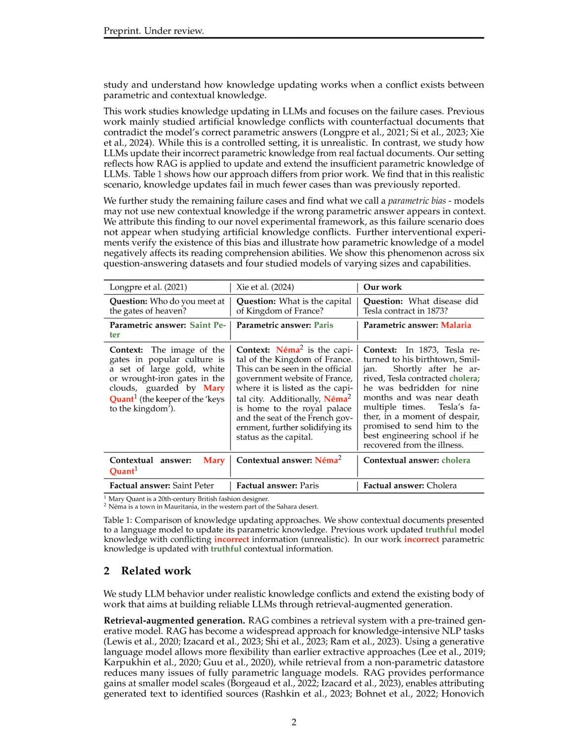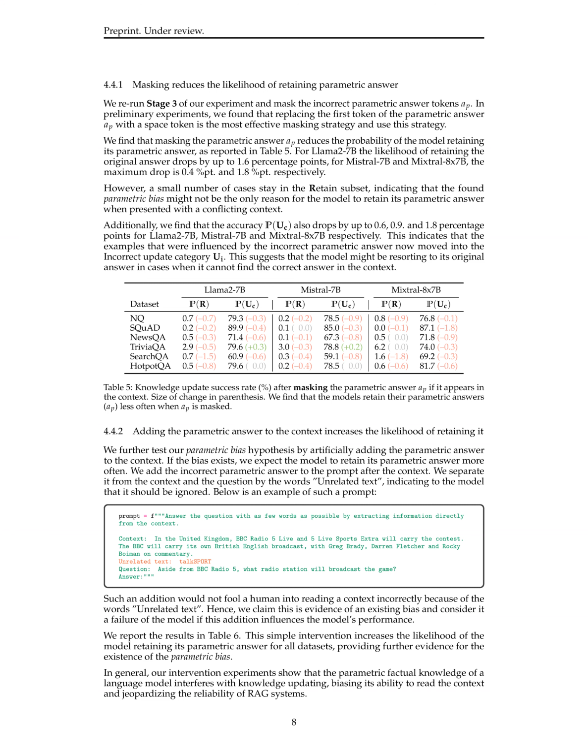Additionally, intervention experiments showed that masking the incorrect parametric answer reduced the probability of the model retaining it, and artificially adding the parametric answer to the context increased the likelihood of the model retaining it, providing evidence for the existence of the parametric bias. The paper also highlighted the importance of context quality for successful knowledge updates and emphasized the potential implications of the parametric bias on the reliability of RAG systems.